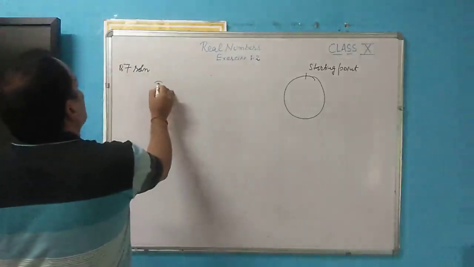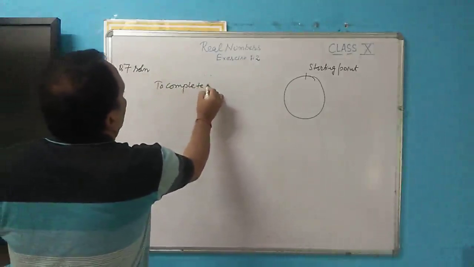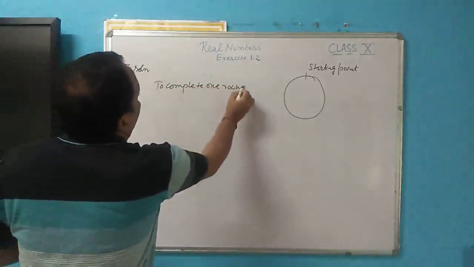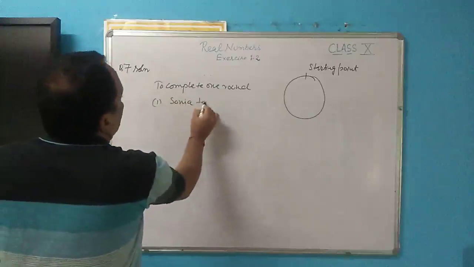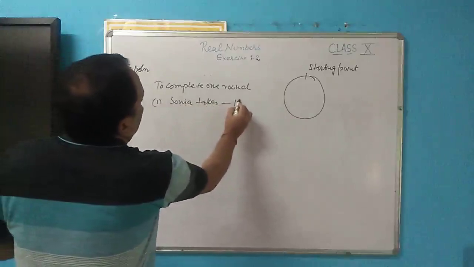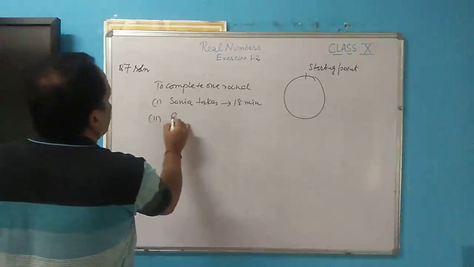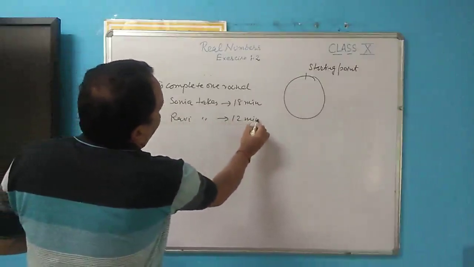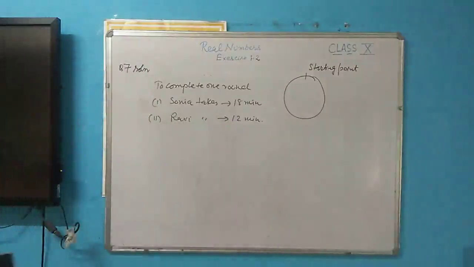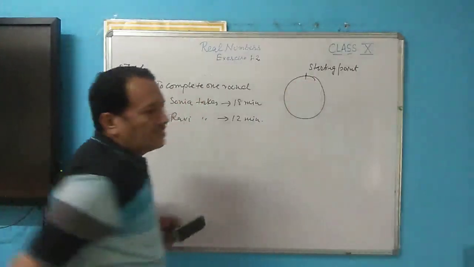Now to complete one round, Sonia takes 18 minutes, while Ravi takes 12 minutes. We have to find that at what point of time they will again meet at the starting point.